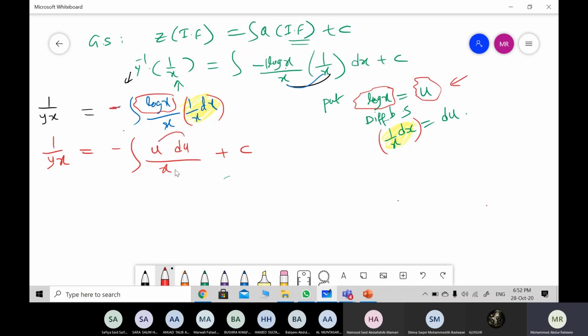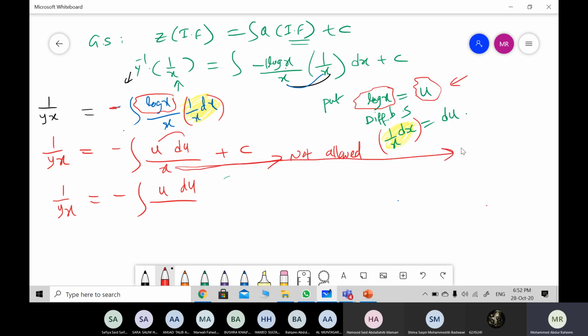This x is not allowed. Why not allowed? Because you change all. When you change all, you need to change that also. How much is this x now? From this x, how much? You know this way?